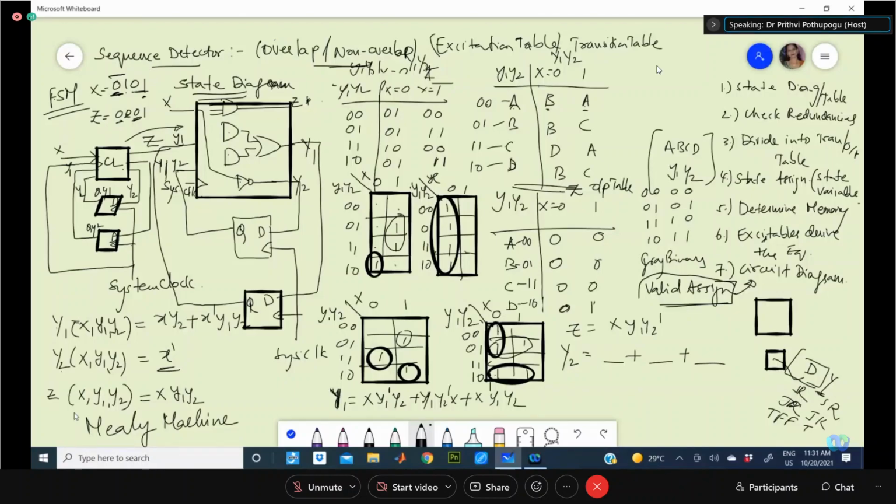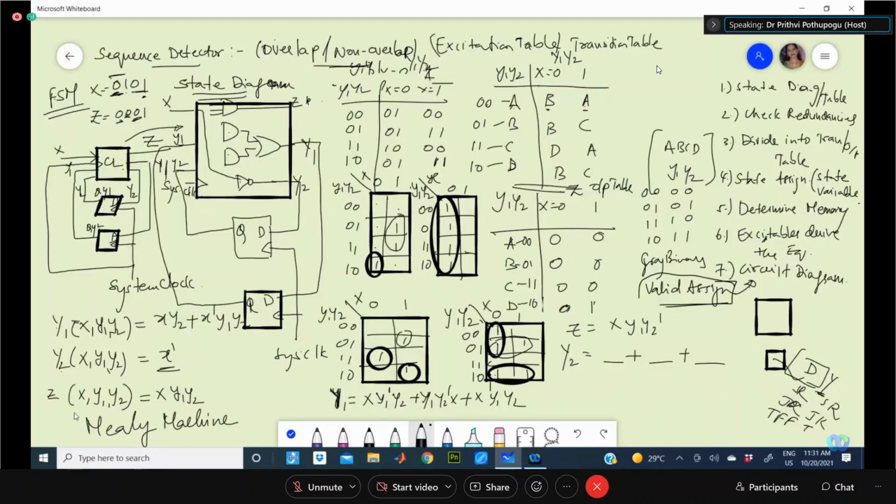When you minimize, which one gives you fewer minterms, or which equation gives you fewer variables in the minterms? That is called a more design-oriented, efficient equation, because the minterms are fewer and the gates will be fewer. The fan-in for the OR gate will be less.